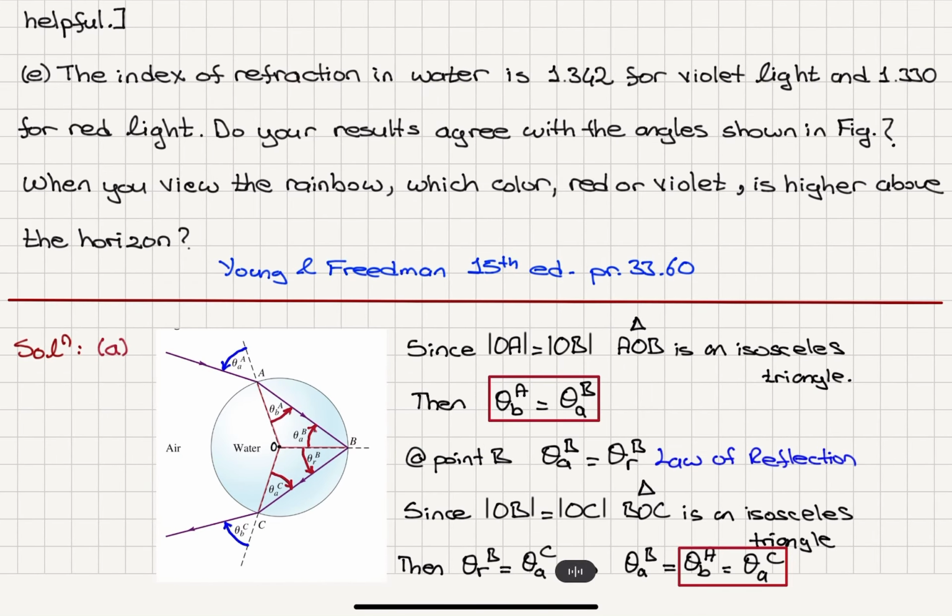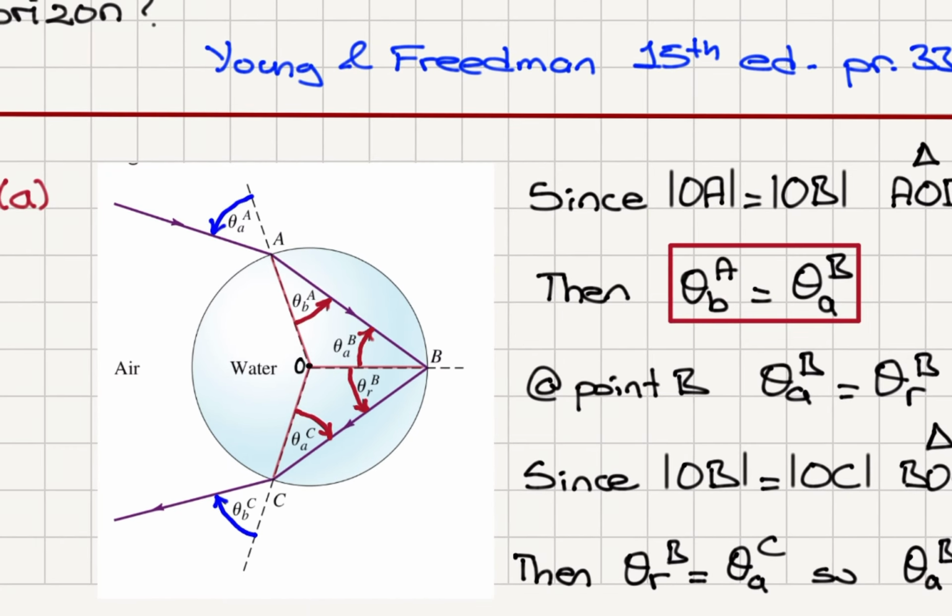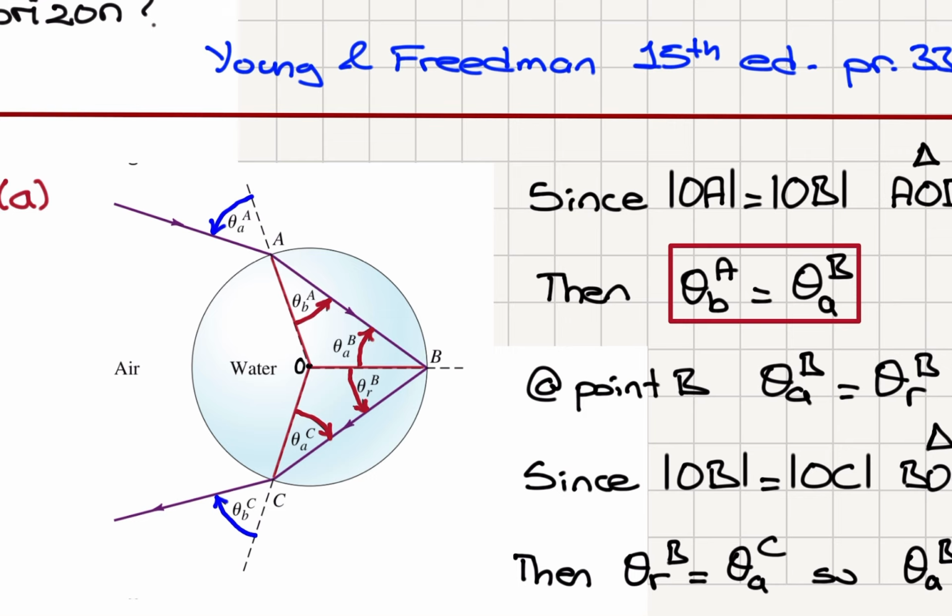Okay, so first of all, we wanted to determine the relationship between these angles. Following the refraction here, we have theta A going to theta B, the angle of refraction at point A. Because the distances OA, OB, and OC from the center are the same, these are isosceles triangles, and there's reflection here.